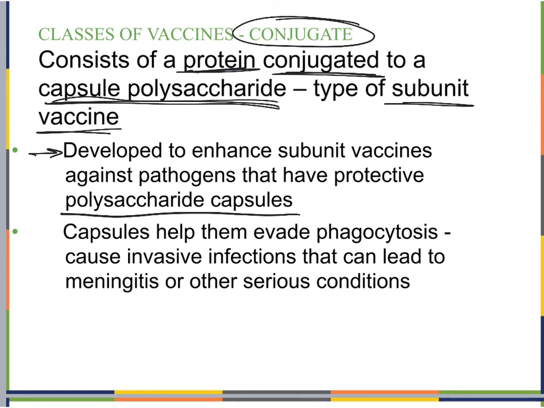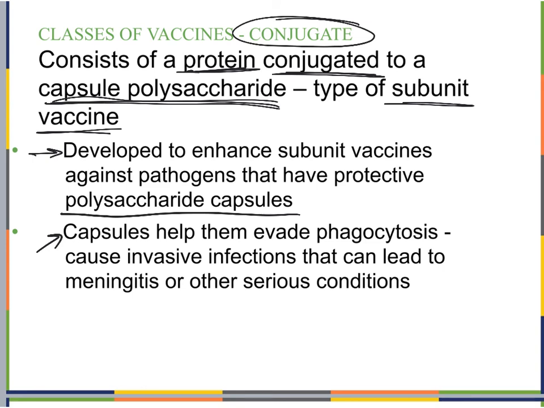So remember that this is not as strong of an antigen, so our body may not recognize it as easily and try to get through it and get rid of it as easily. So this is important because these capsules are going to help them evade phagocytosis. So it's difficult for our bodies to clear an infection with those that have polysaccharide capsules.